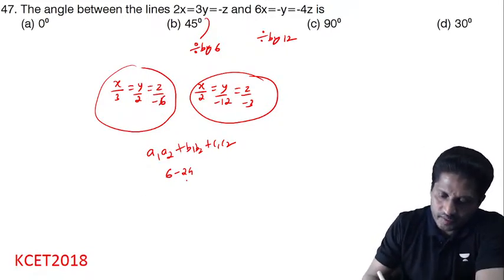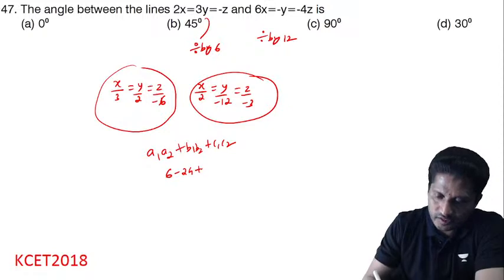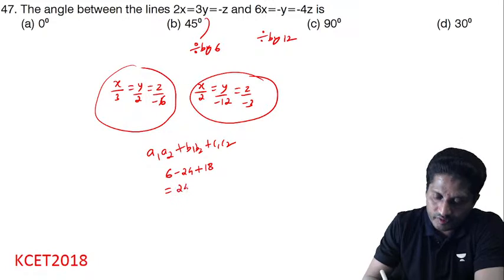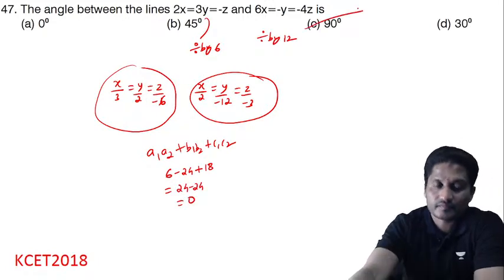Now if you multiply the DRs, 6, minus into minus is plus 6. We get 24 minus 24 is equal to 0, obviously they are perpendicular.